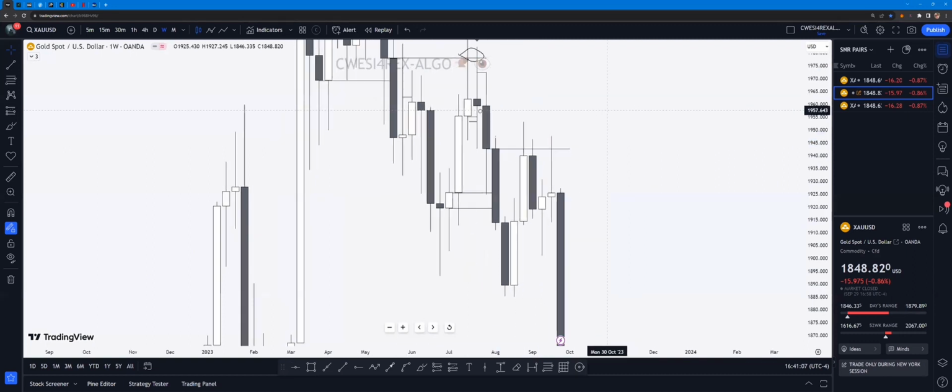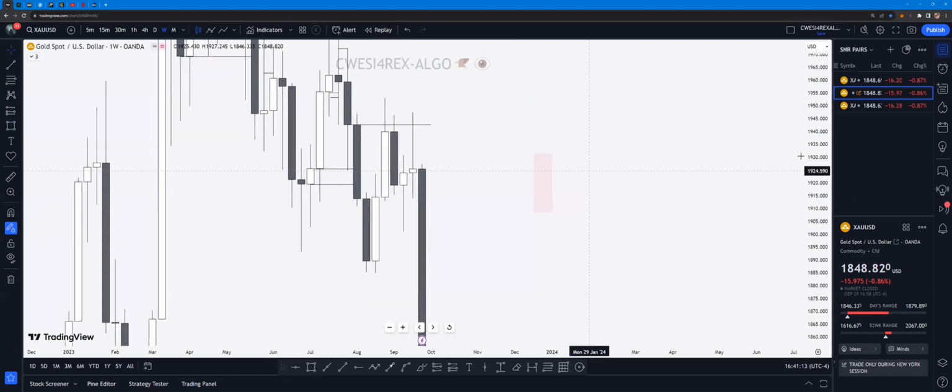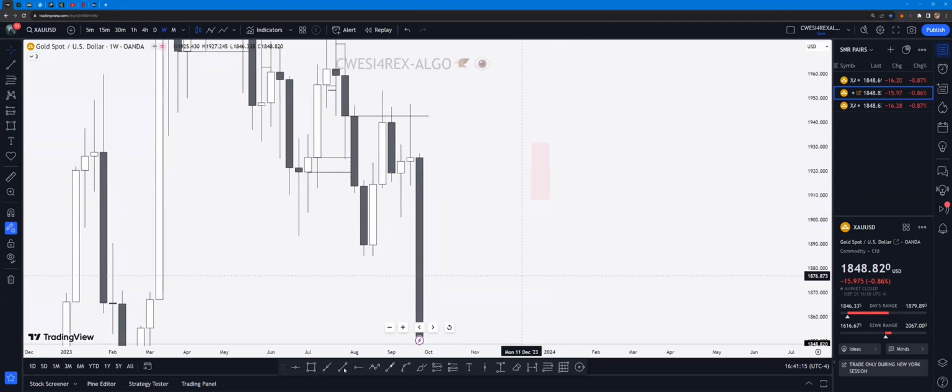So we have what we call the gap levels. With the gap level, this is how I like to use mine. We have this bearish gap level. The idea of a gap level is that price should mitigate the resistance and then continue to drop.